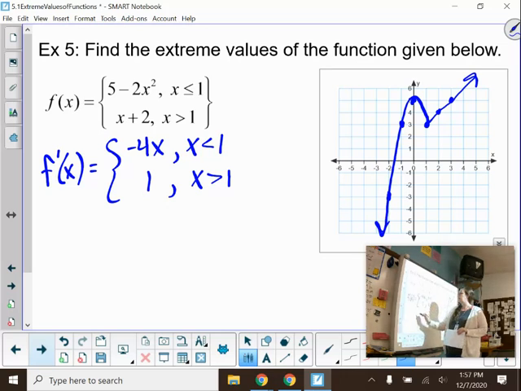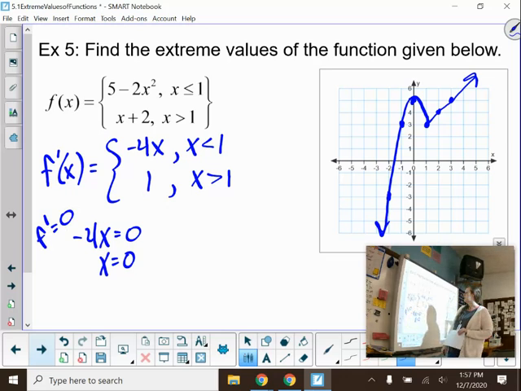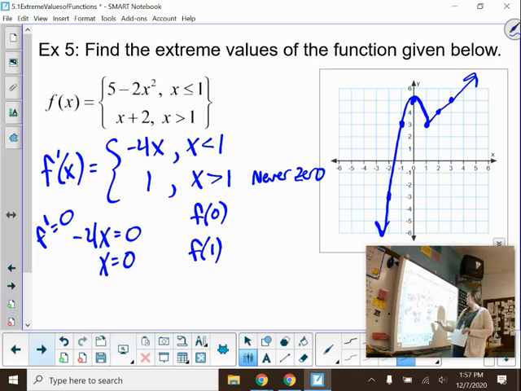So if we look at the top piece, 0 is one of the places where f prime is equal to 0. The derivative of the second piece is just 1, so this one is never going to be 0. There's no place where the derivative of x plus 2 is going to equal 0, so we don't get any critical points from that. So our only critical points that we have are at 0 and at 1.